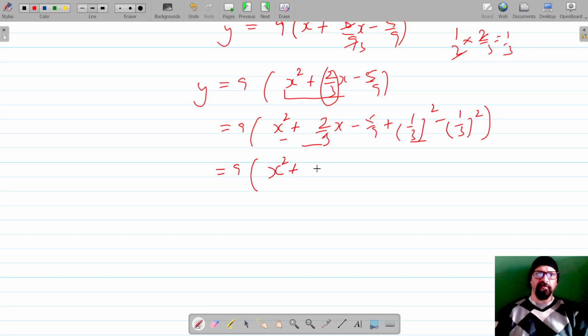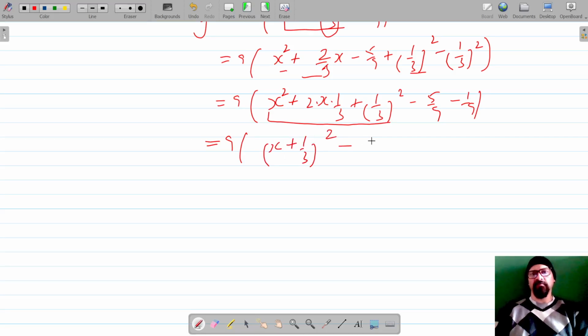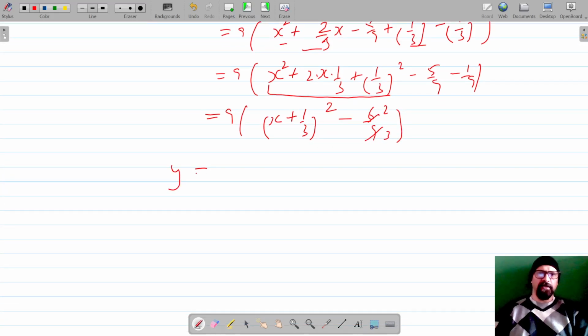So this is a square plus 2ab plus b square, and we are left with minus 5 by 9 minus 1 by 9. This is a plus b the whole square, and this is minus 6 by 9, which is 2 by 3.